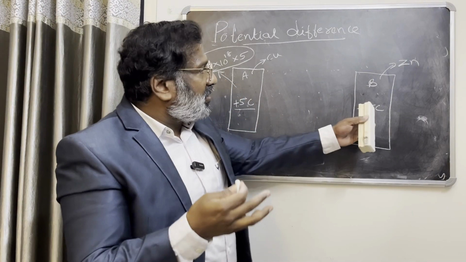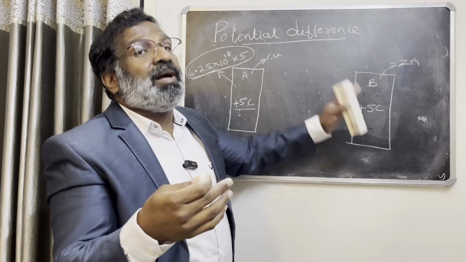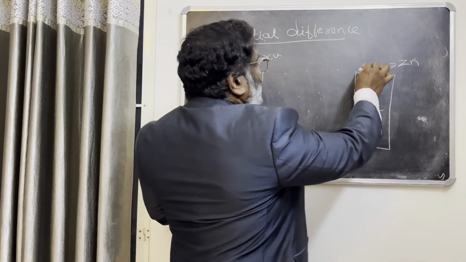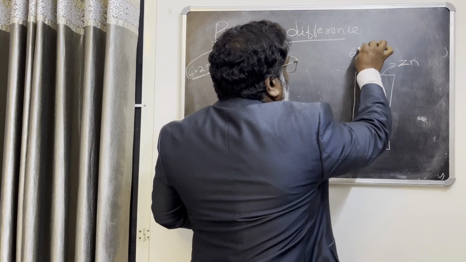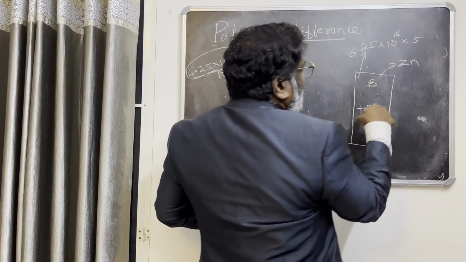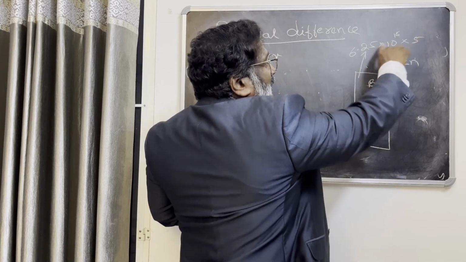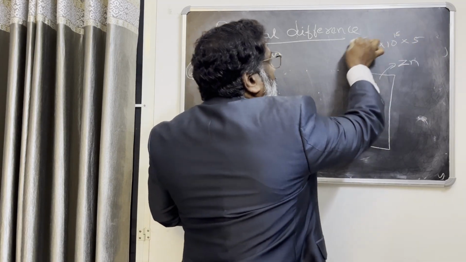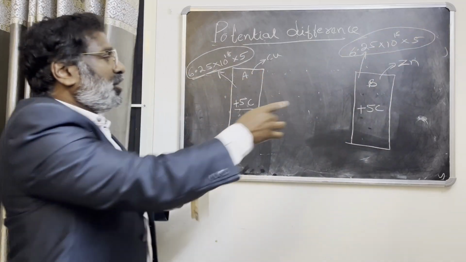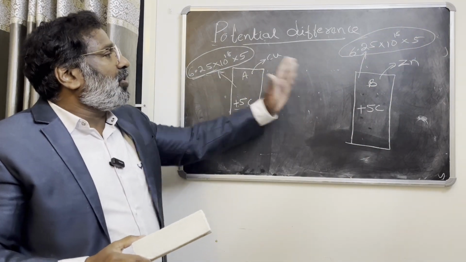What should I do in the zinc plate to charge it to 5 Coulomb? Same thing. I have to remove 6.25 into 10 power 18 into 5 electrons, because 1 Coulomb means 6.25 into 10 power 18 electrons, so 5 Coulomb means into 5. So the same number of electrons I have to remove in both materials, copper and zinc.